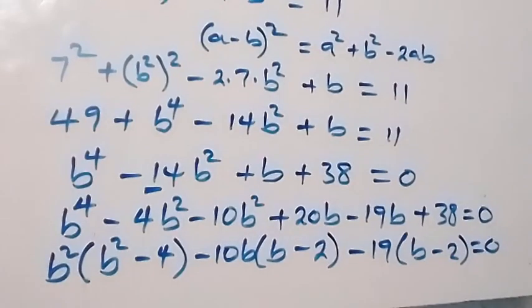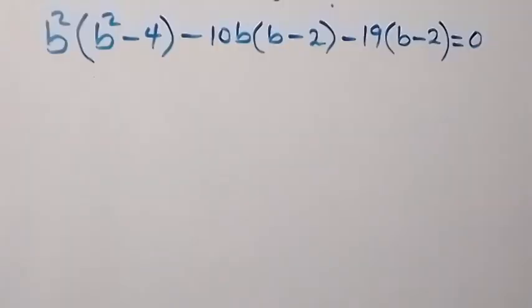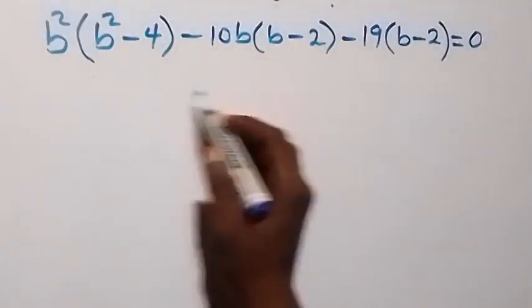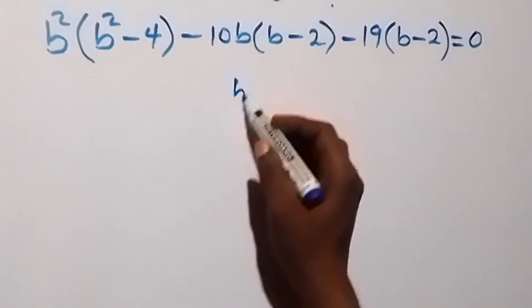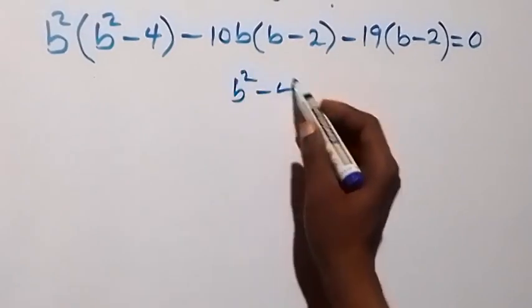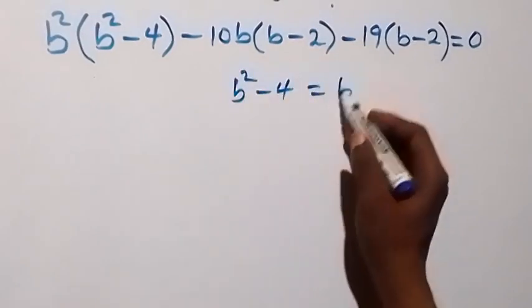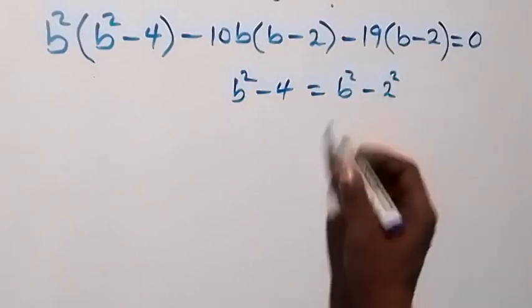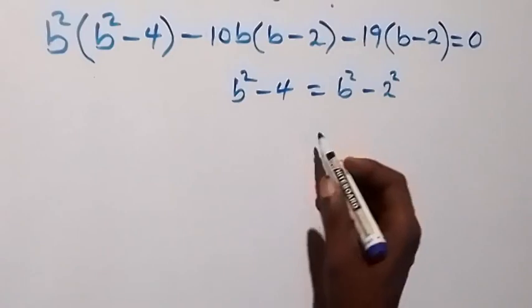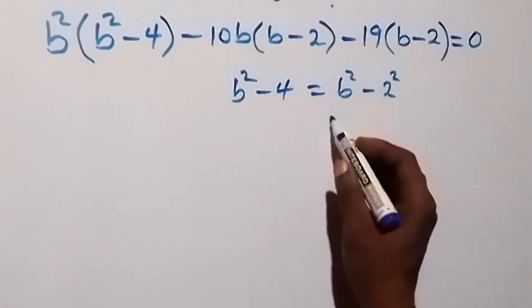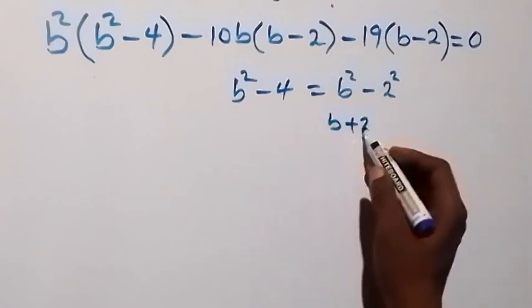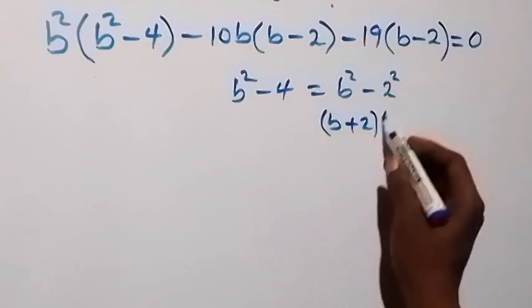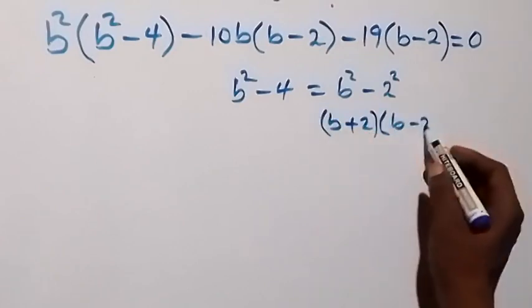Then from here, b square minus 4, we can write as b square minus 2 square, and this follows from difference of two squares, and can be written as b plus 2 multiplied by b minus 2.